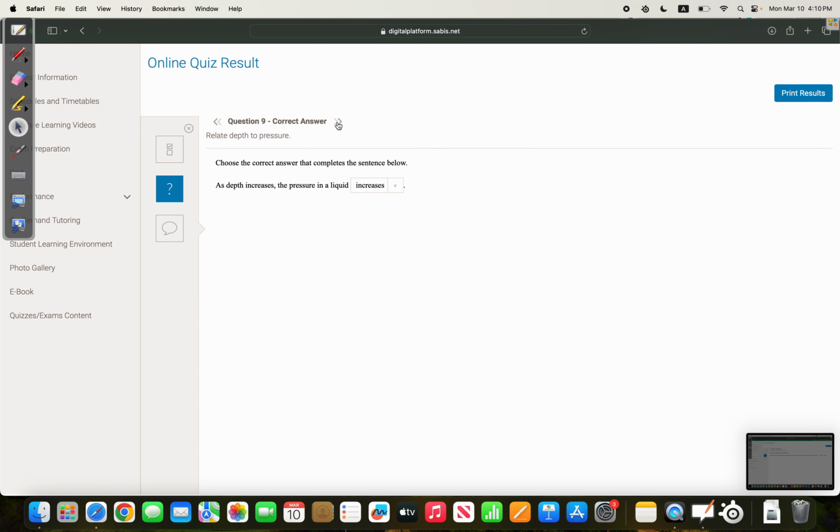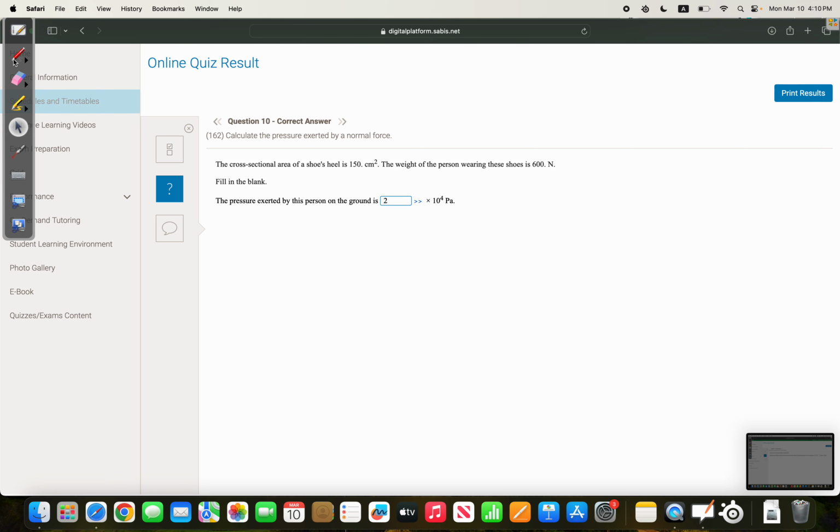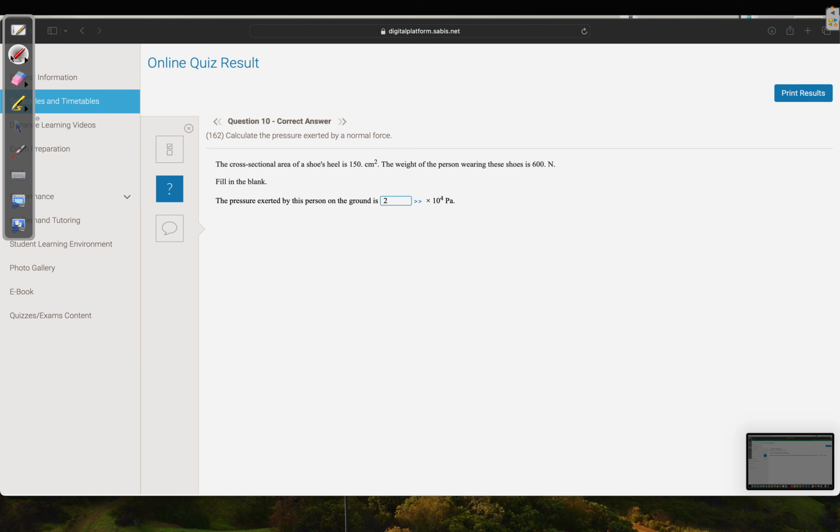Okay, number 10. The cross-sectional area of a shoe's heel is 150 centimeters squared. The weight of the person wearing these shoes is 600 newtons. Okay, so as we said, pressure is force over area.